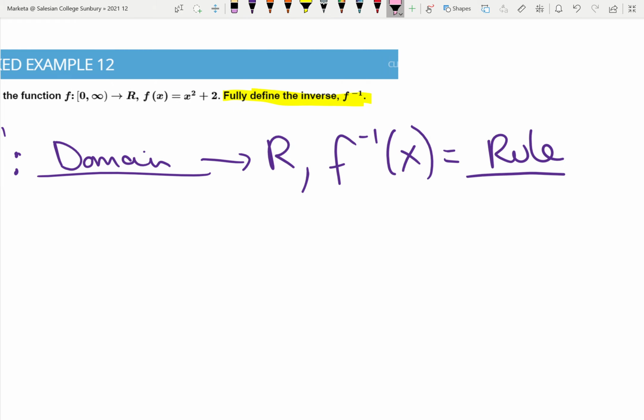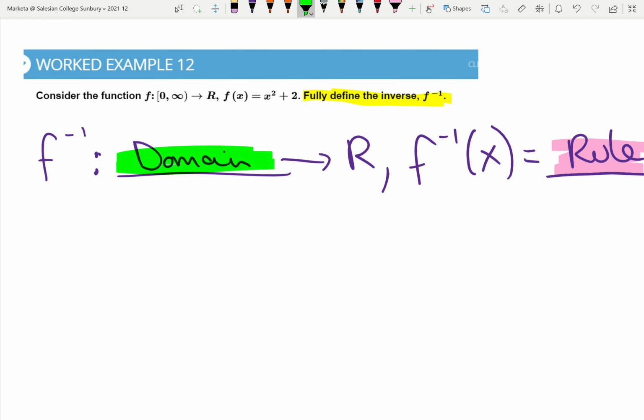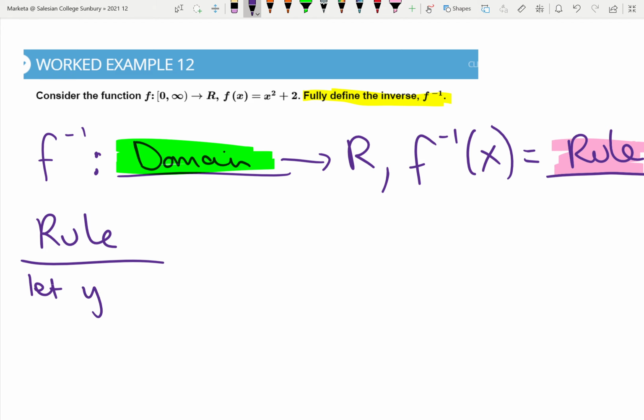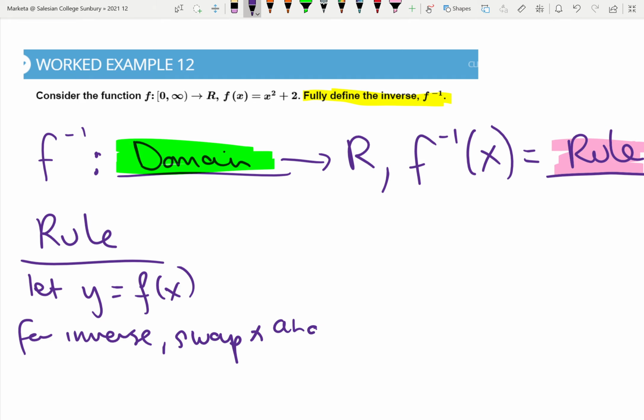So essentially we need the rule and we need the domain of the inverse. It doesn't really matter which one you find first, but I'm going to find the rule. So for the rule, we say let y equal f of x, and for the inverse, swap x and y.